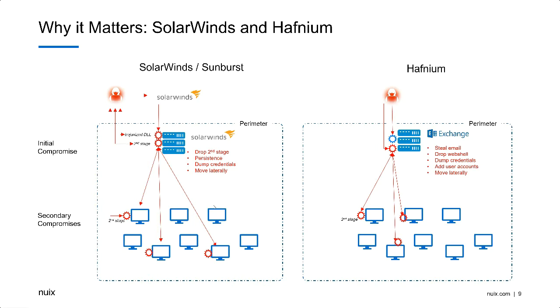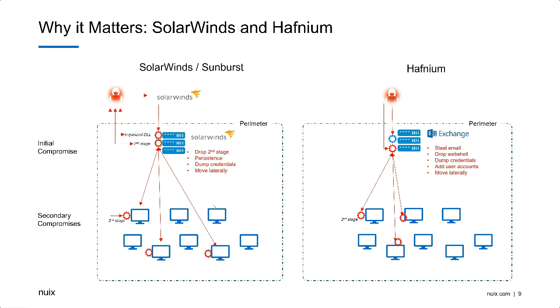And then with Hafnium, you have a similar scenario, where we started in that case with 4 zero-day exploits against the Exchange Mail service, that once exploited gave the attacker the ability to drop files onto the host of the Exchange service, and then to drop web shells.